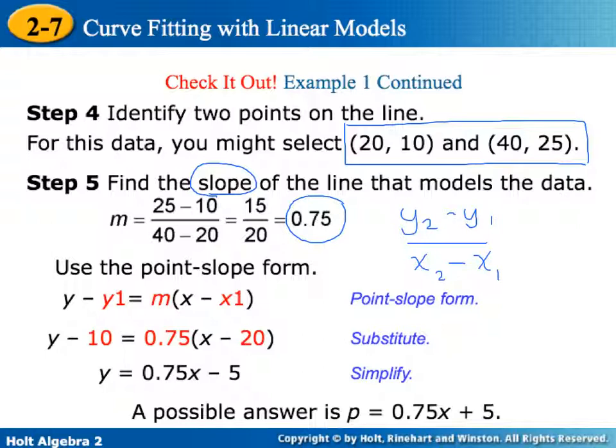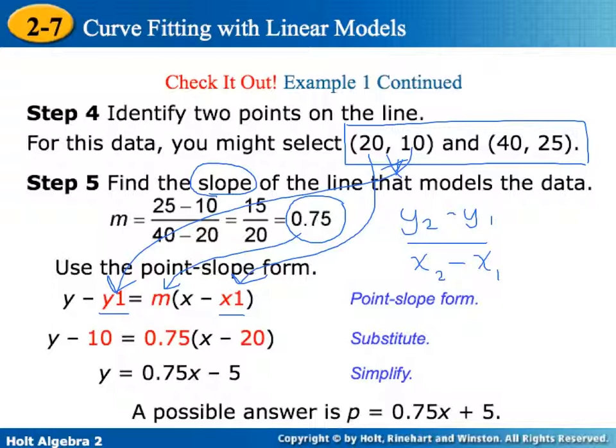Then if you use point-slope form, we know that slope goes right in here for m. x1 and y1 are the coordinates of any point on the line. So I used this point here, and I took the x and plugged it in for x1, and I took the y and plugged it in for y1. I leave y and x alone because every equation needs a y and an x.